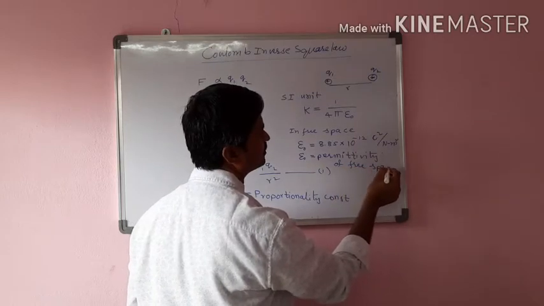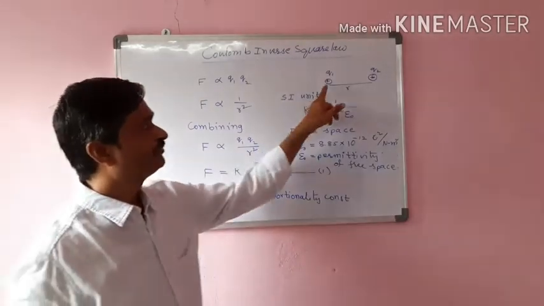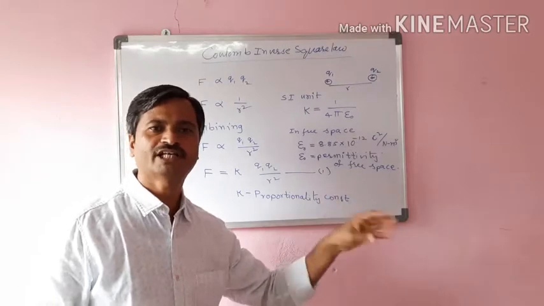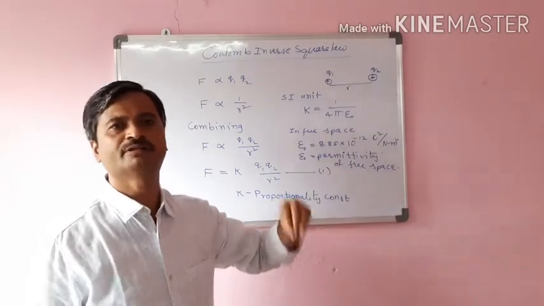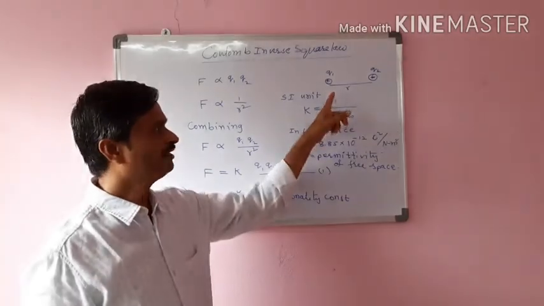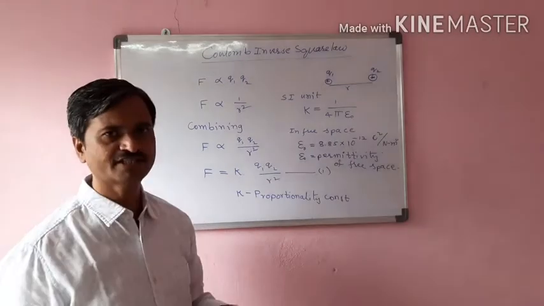Now the question comes, what is permittivity? These two charges are there in free space. They may be in air, in water, in oil, or in any other medium. If the medium changes, then the value of the force of attraction changes.